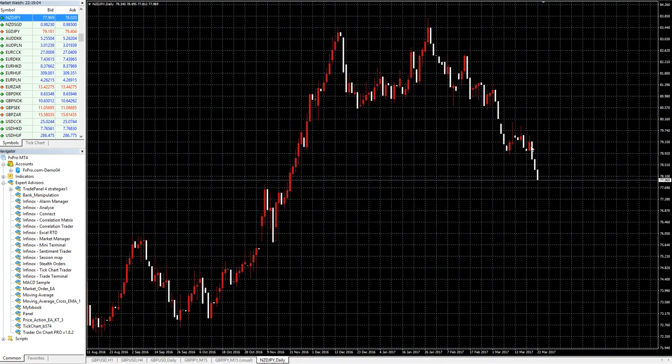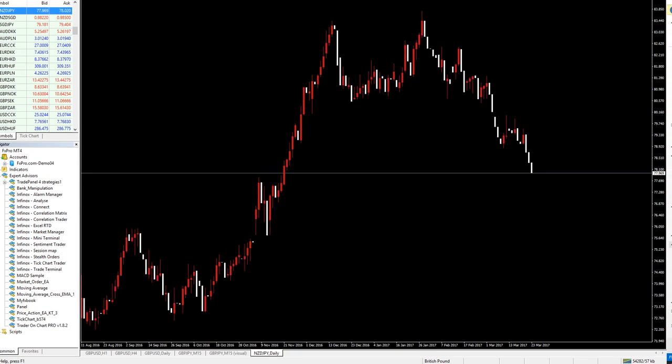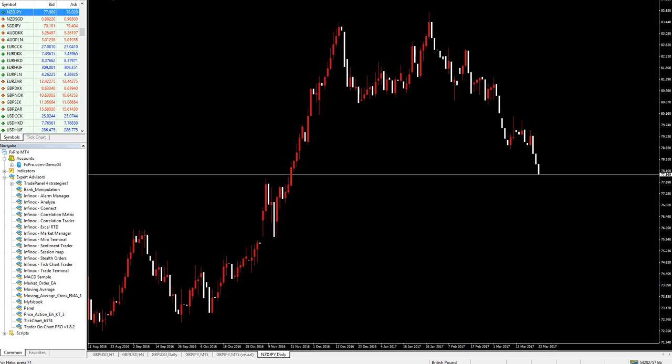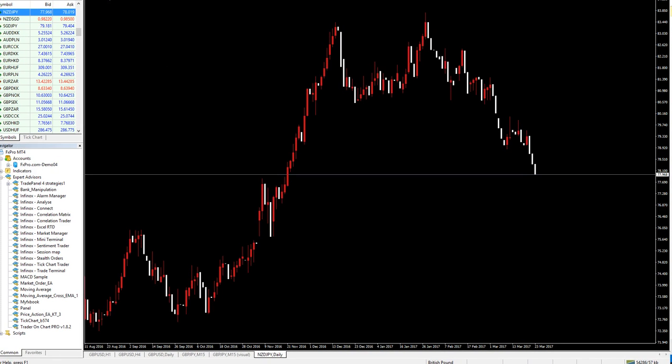So this is the setup we posted. We're looking for an entry in and around this zone here.